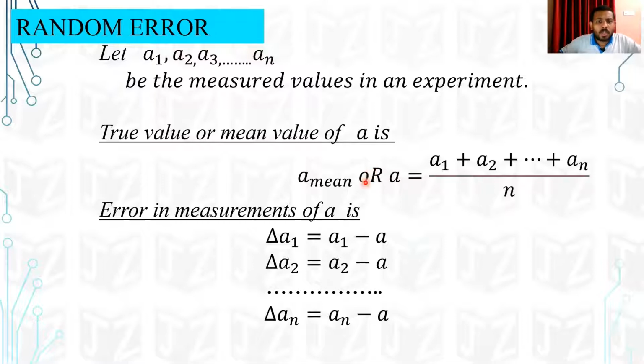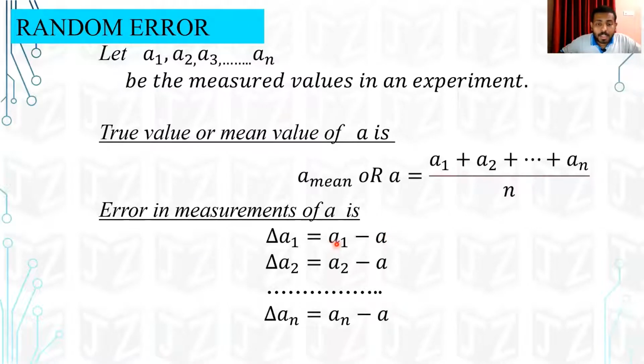In order to find out the errors in each of the measurements, for example, the error that happened in the first measurement, we denote the error in each measurement with the delta symbol. That is, delta A1 is equal to A1 minus A, where A is the true value of the measurement.